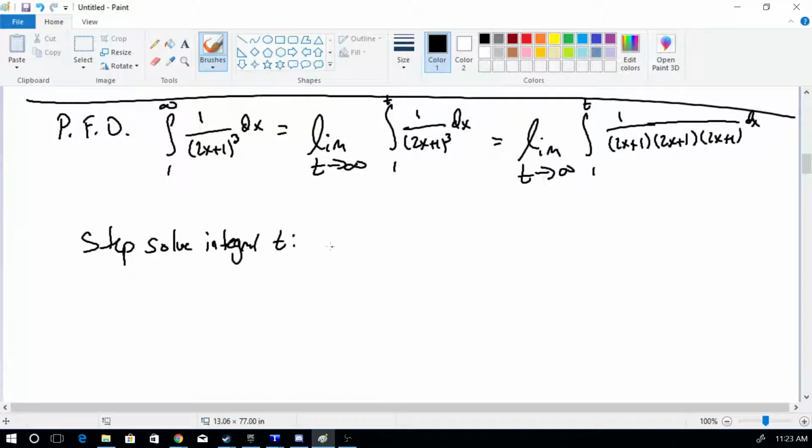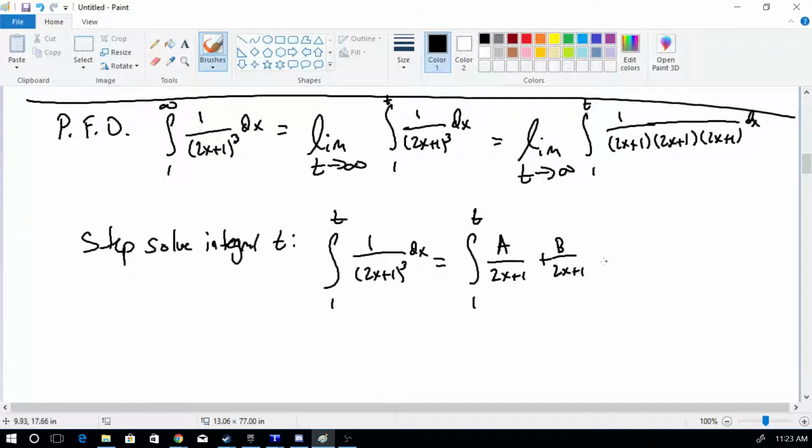So we're now going to evaluate from 1 to t 1 over (2x plus 1) cubed dx. We're now going to say that's the integral from 1 to t of A over (2x plus 1) plus B over (2x plus 1) plus C over (2x plus 1) dx, squared and cubed.